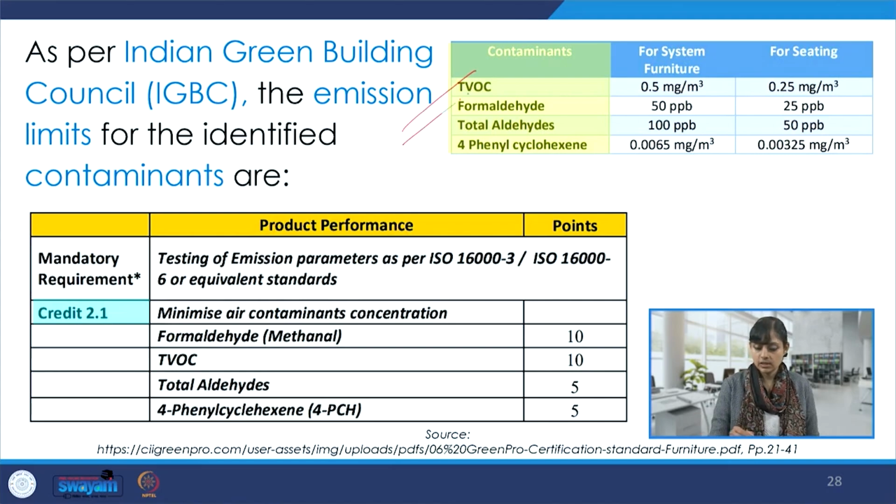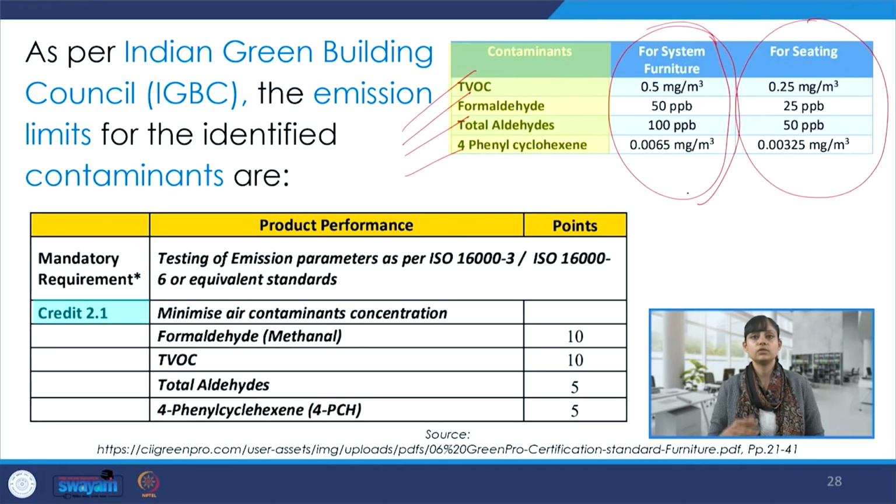And we see these, the 4 that we saw on the previous slide. And for a system furniture or for seating, these are the different kinds of values or readings that you see. And again, in this table, we are talking about product performance and credit 2.1. And it talks about all these parameters and associated credit points.